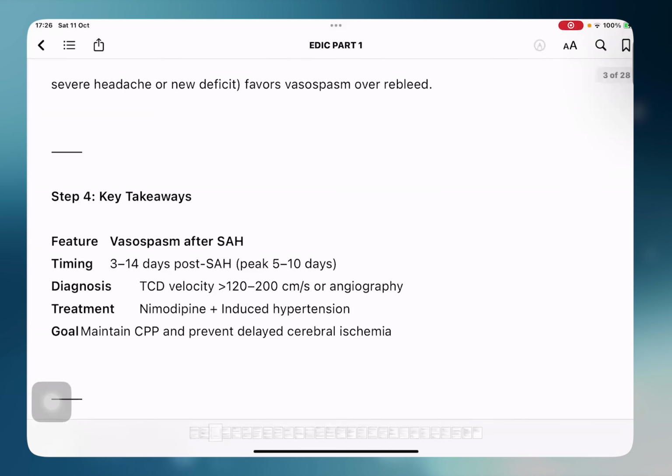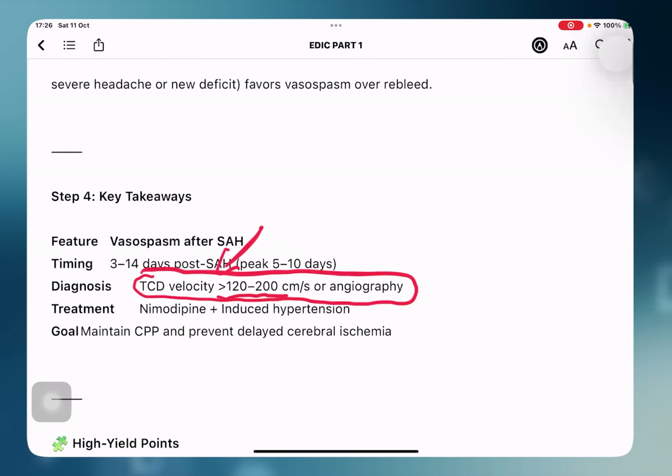Either you can diagnose it with TCD, where the velocity is 120 to 200, and that is a catch point. Unless you know it, you will miss it in the exam just now as we did. And an MR angiography or CT angiography or a DSA scan. That DSA is basically done under angiogram in the cath lab.